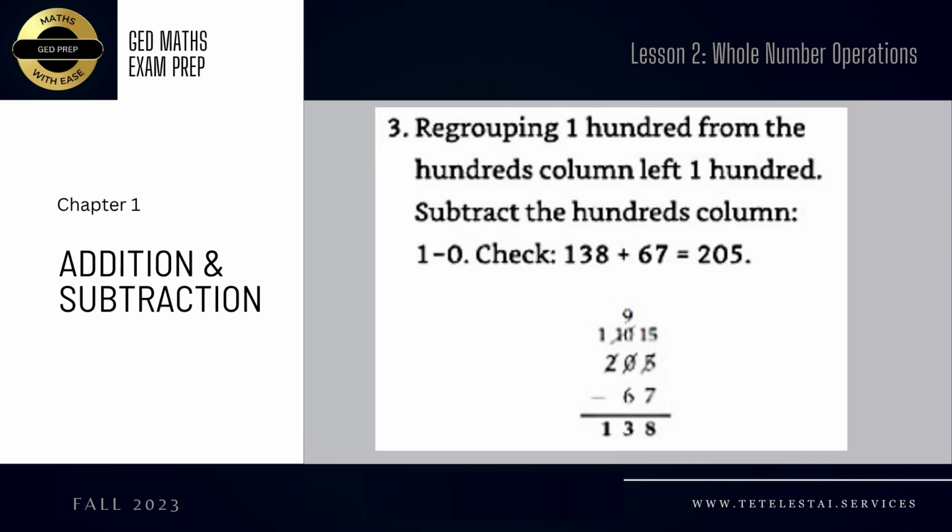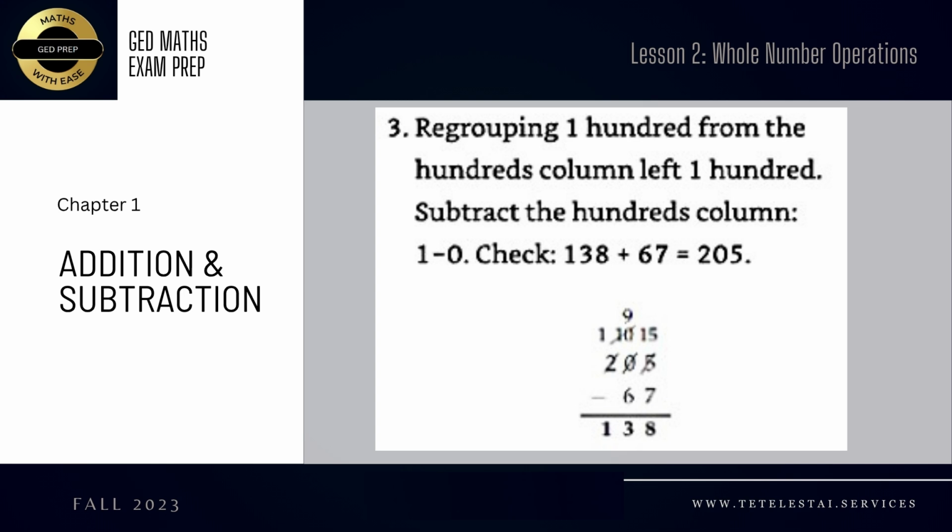And so the final column, we remember we borrowed 1 earlier from the 2. We only have 1 left, and there's nothing under 2, so 1 minus 0 is 1. And now we know that 205 minus 67 is 138.